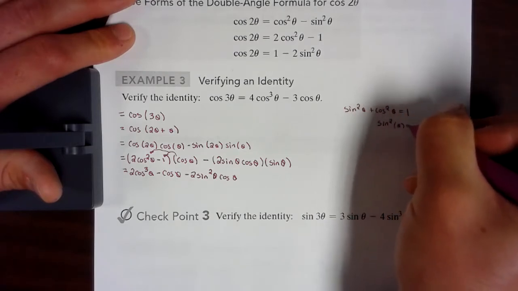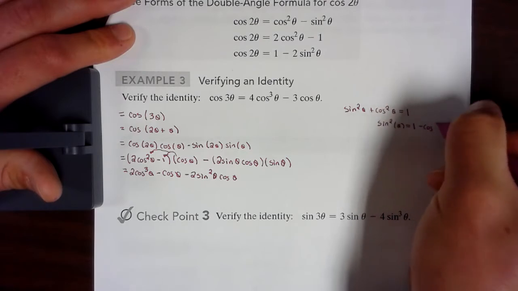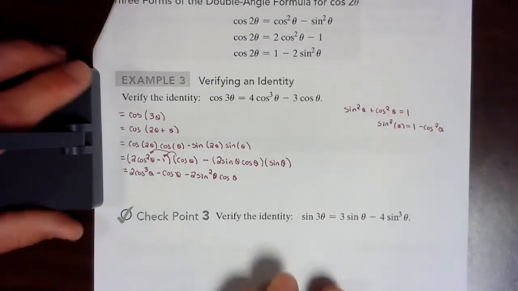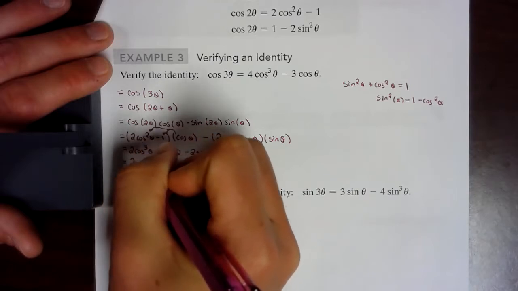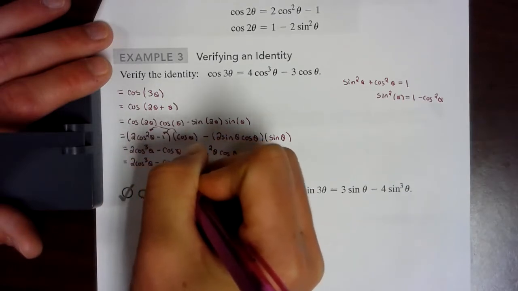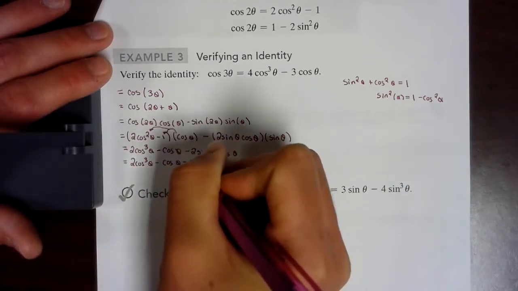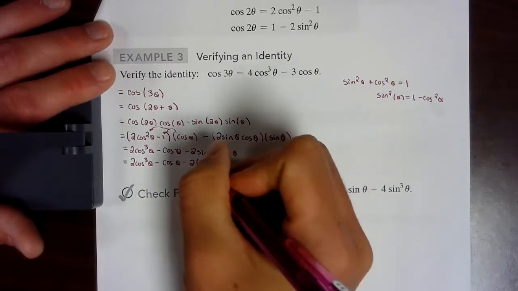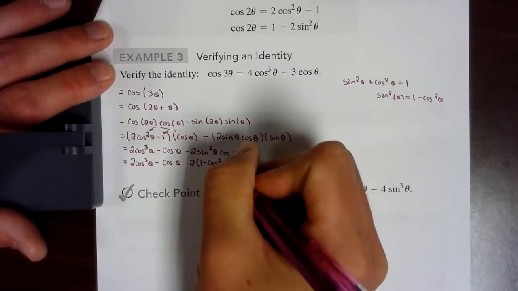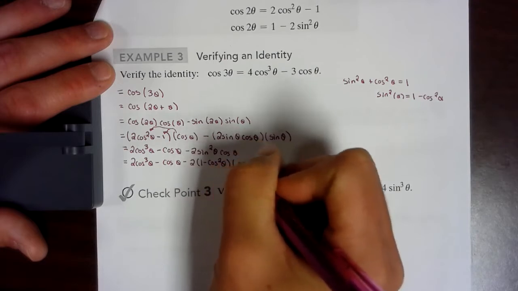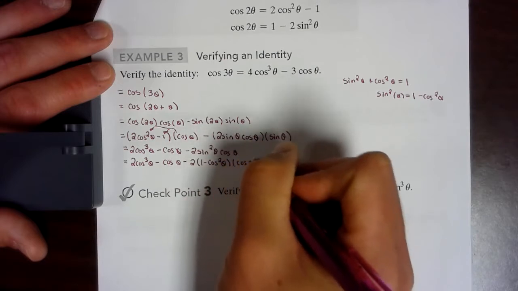So sine squared of theta is actually equal to 1 minus cosine squared of theta. So that's what I'm going to do next: I'm going to replace this sine squared of theta, it's still 2 times that value, with 1 minus cosine squared of theta. And that still needs to get multiplied by cosine of theta.